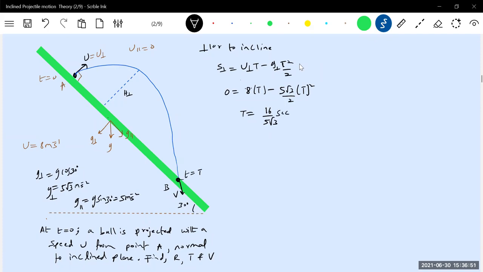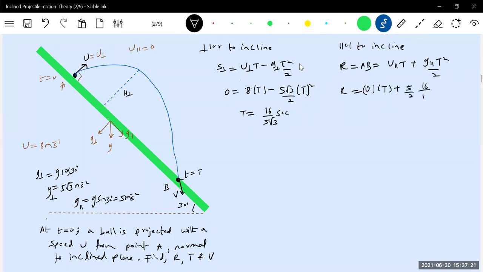Then afterwards, we have to go for the range. We'll go for the range parallel to the incline. Initial velocity u parallel is 0, so the equation is g parallel T square by 2. g parallel is 5 by 2.